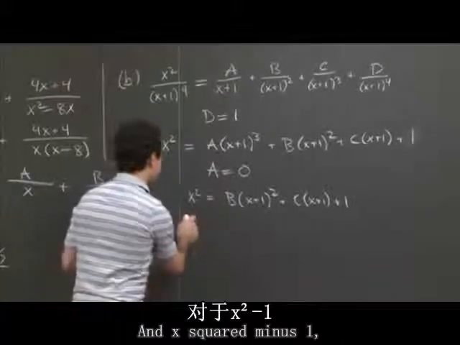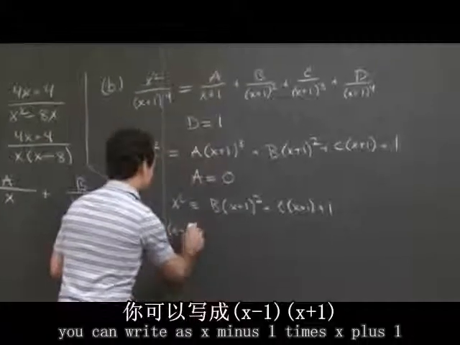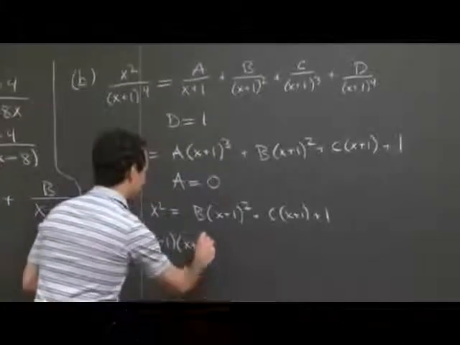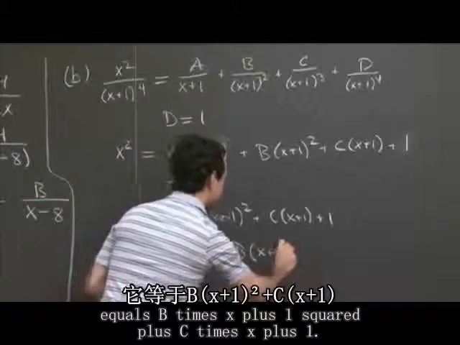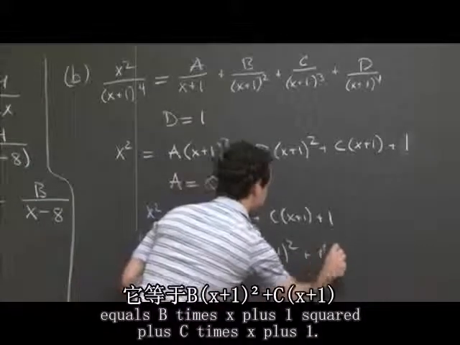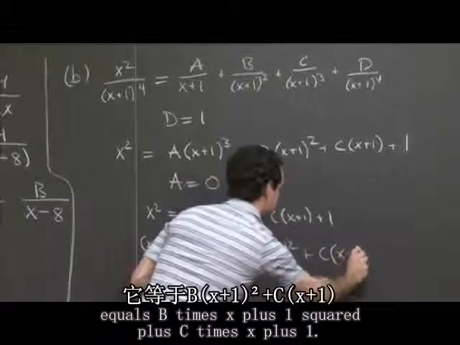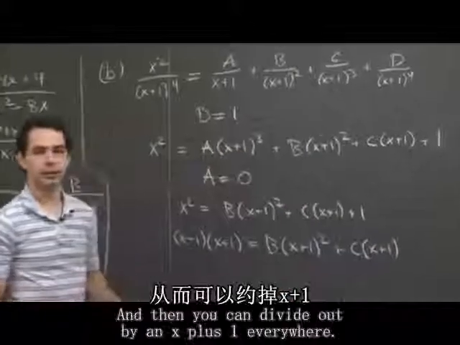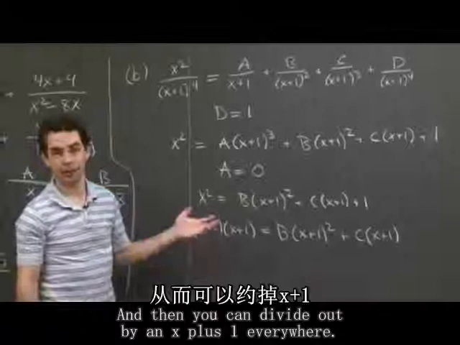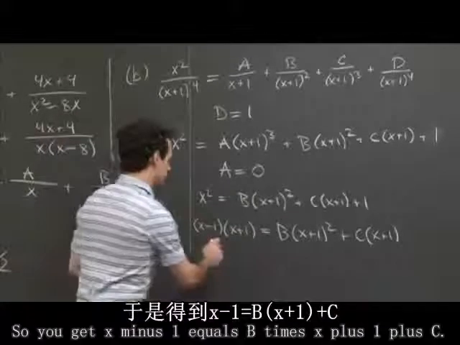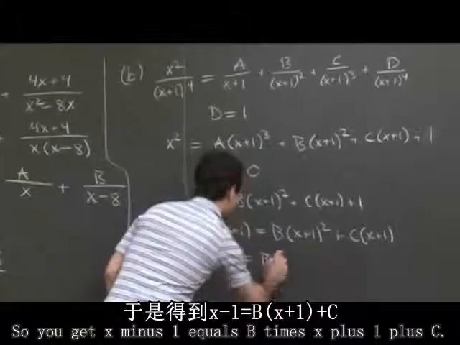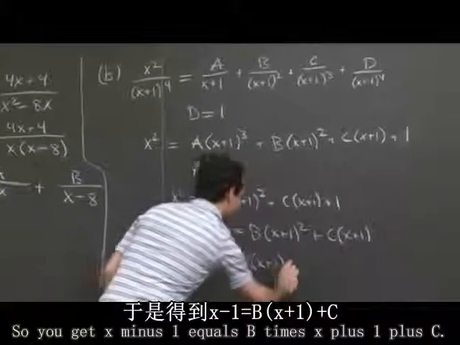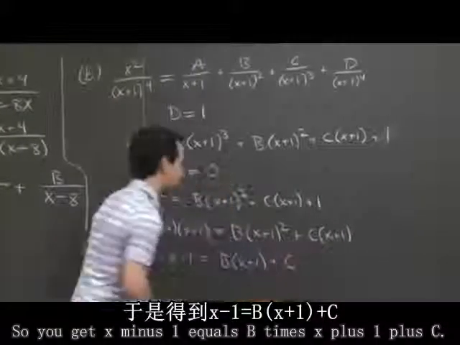And x squared minus 1 you can write as (x minus 1) times (x plus 1) equals b times (x plus 1) squared plus c times (x plus 1). And now you could divide out by an (x plus 1) everywhere. It appears in all terms. So you get x minus 1 equals b times (x plus 1) plus c.